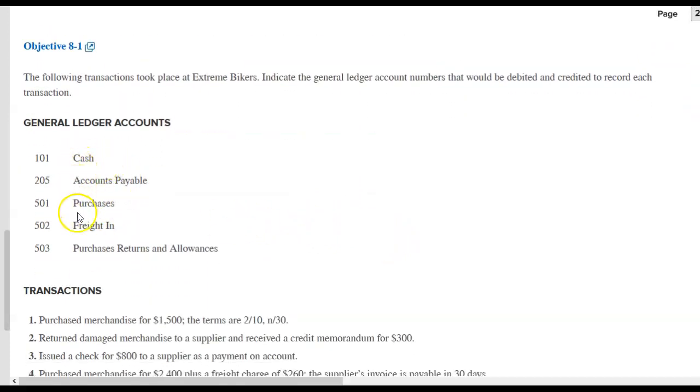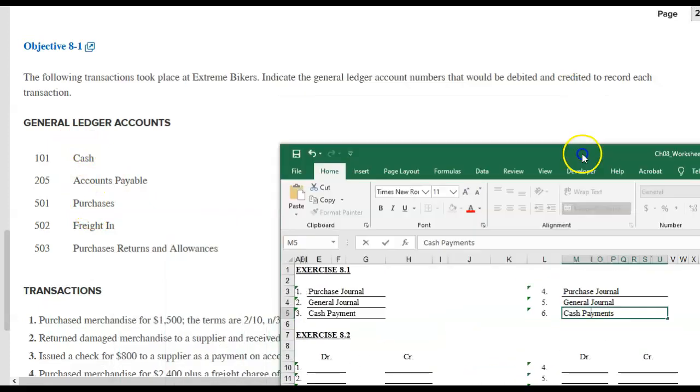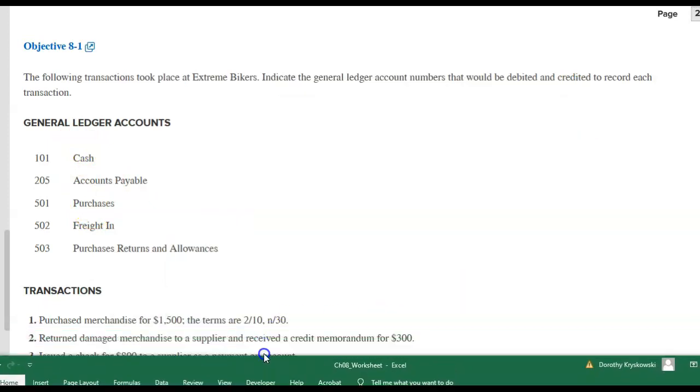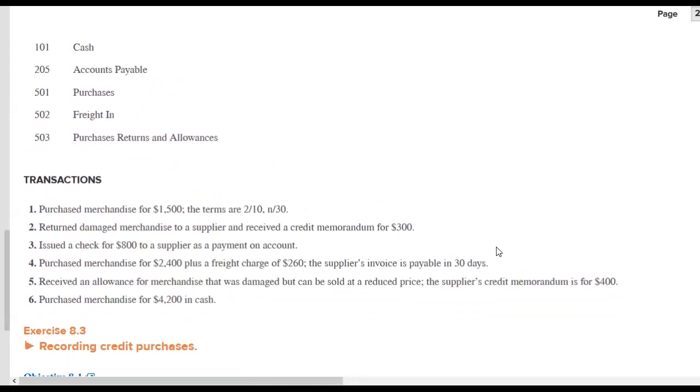Okay, so we've got 1, 2, 3, 4, 5 accounts to work with here, and we're going to list what gets the debit and what gets the credit. So the first one, purchase merchandise for $1,500. The terms are 2% discount in 10 days or net 30. So we purchase merchandise and it's going to be due in 30 days.